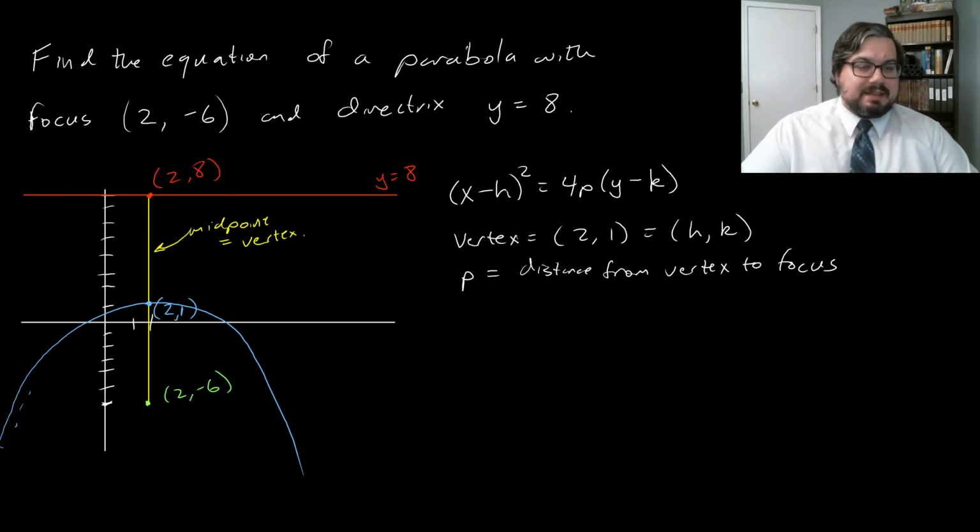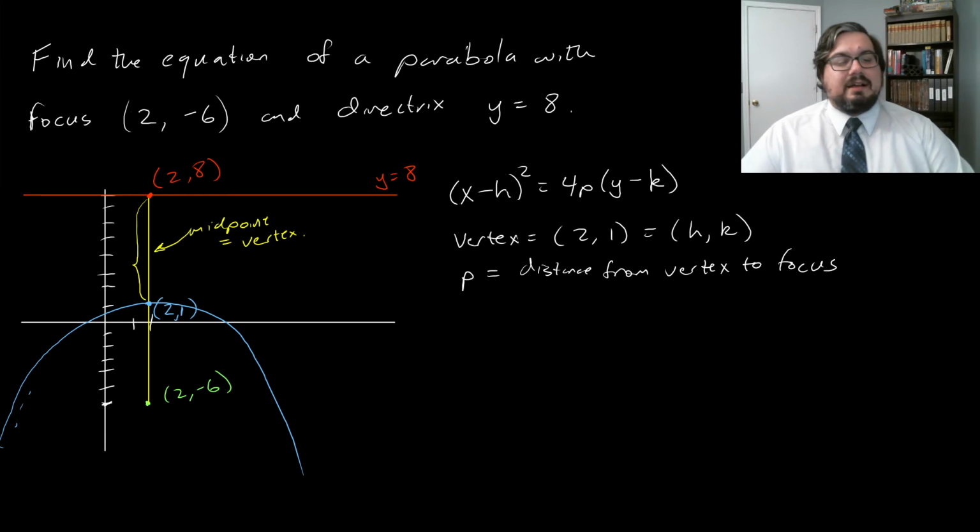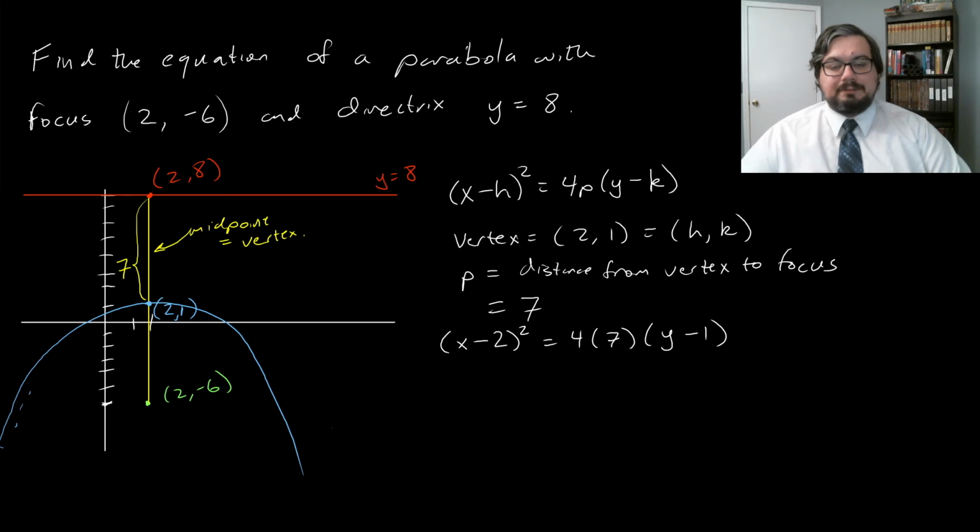In this case, I think it's easiest to see that because the vertex is at 2, 1, and the closest point on the directrix is at 2, 8, the distance from the vertex to the directrix is 7. So in this case, the value of p is 7. Thus, we have that x minus 2 squared is equal to 4 times 7 times y minus 1.